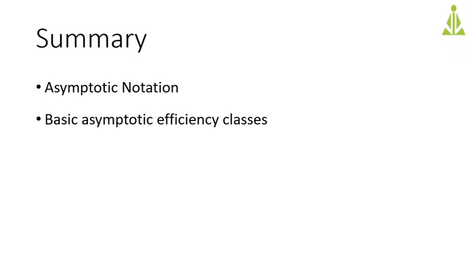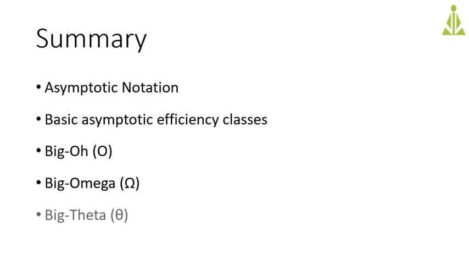And we saw the basic asymptotic efficiency classes like constant, logarithm, linear, quadratic, cube, exponential. That is also very important. Then we saw these three: big O, big omega, and big theta.